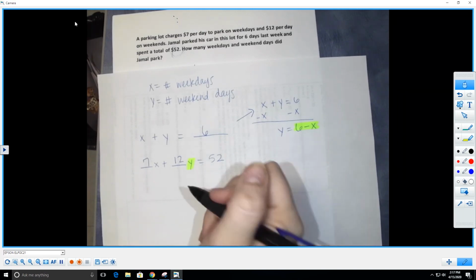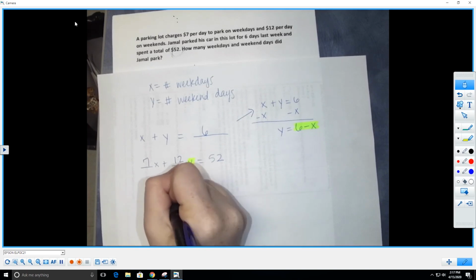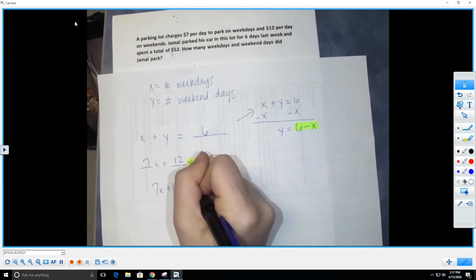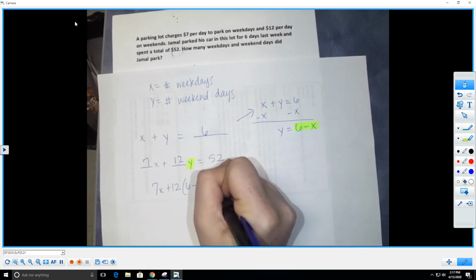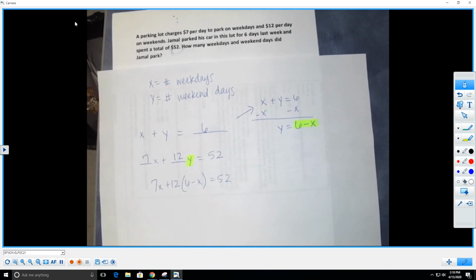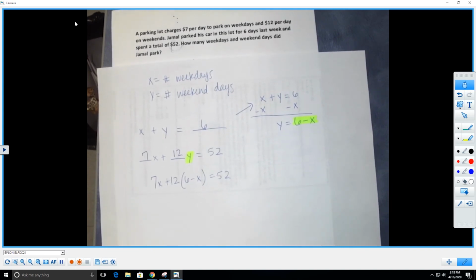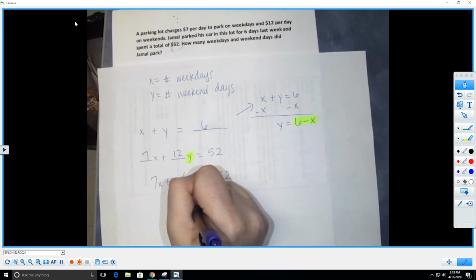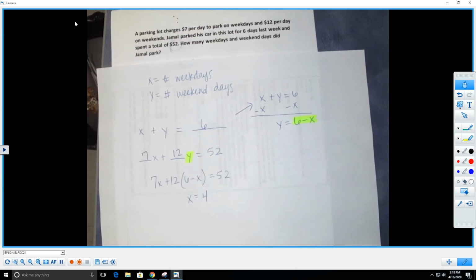So it should look something like this. 7x plus 12 times 6 minus x equals 52. And then once we solve for x, what did you find for the value of x? That's right. We found that x is equal to 4.